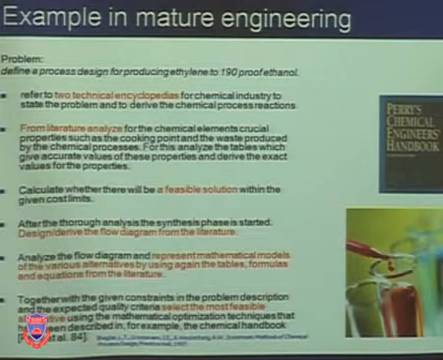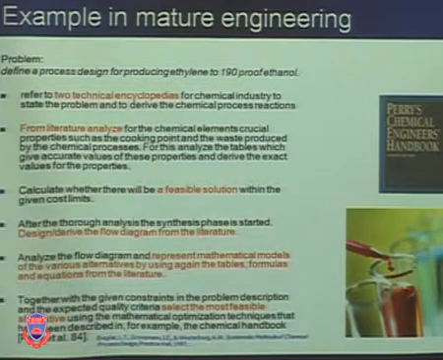They have a chemical engineer's handbook. From literature, they analyze the chemical elements' crucial properties such as the boiling point and the waste produced by chemical processes. They do an explicit domain analysis process by looking at literature, analyzing the tables, and calculating whether there will be a feasible solution within the given cost limits.